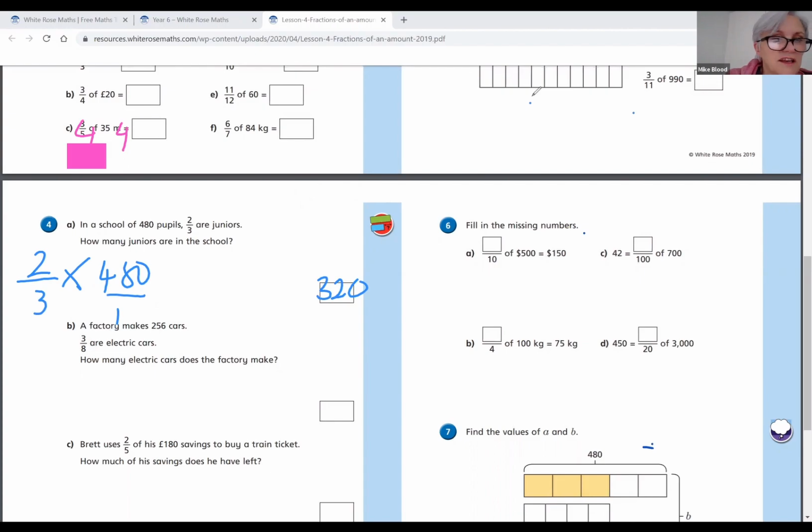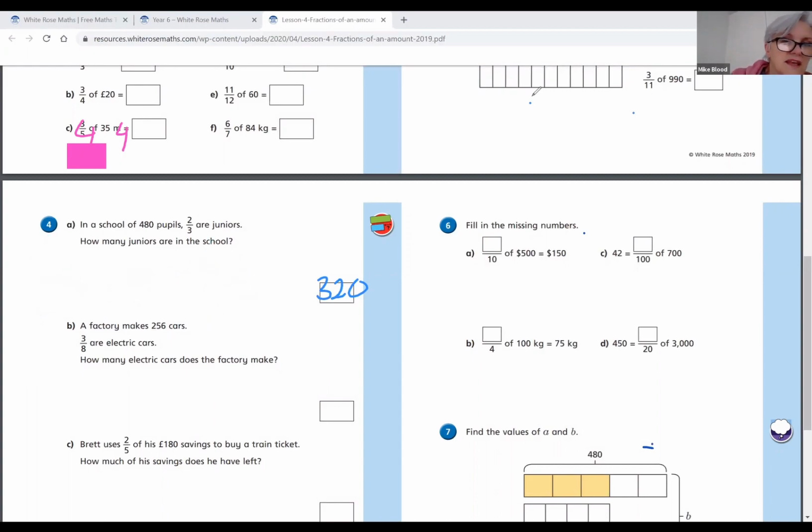Double 480 will get you 960 divided by 3, and you get 320. Either way is fine. It's just in case some of you did recognise that as a way to do it.